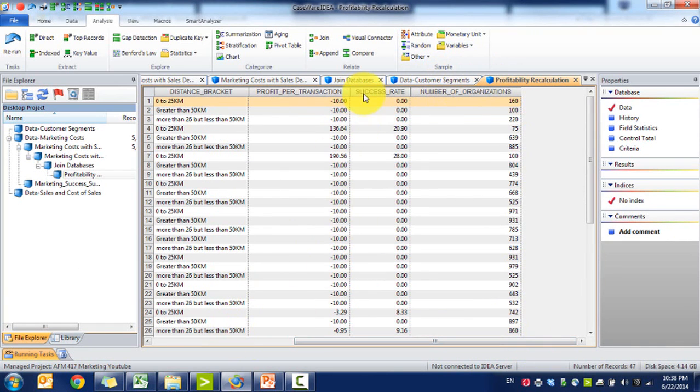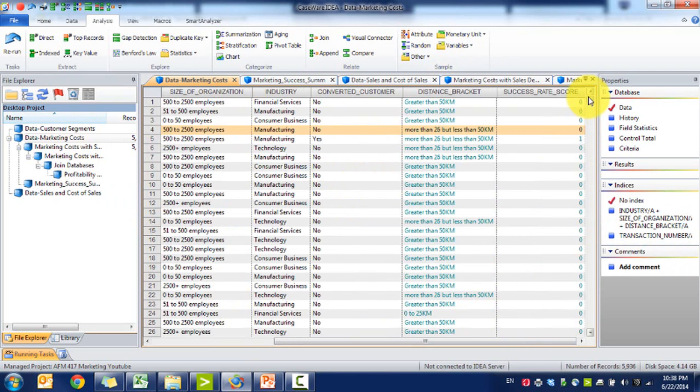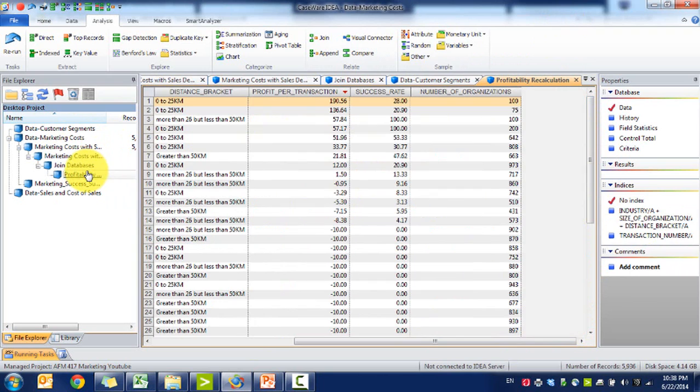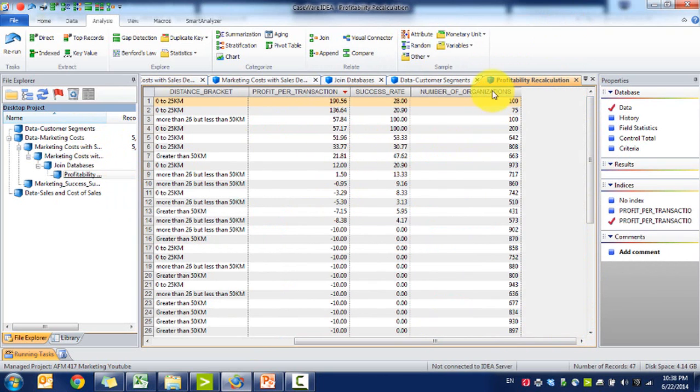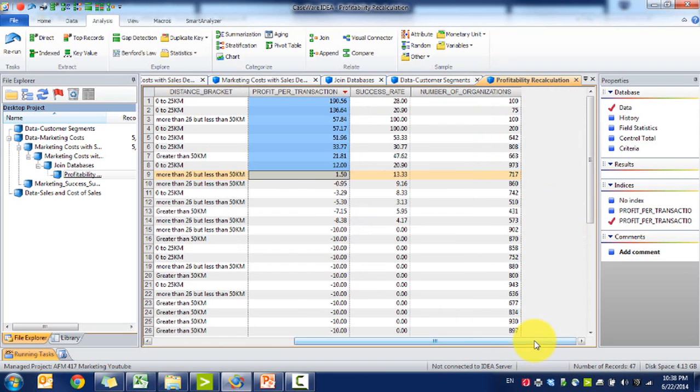So now, we know that there were originally 5,912 transactions. So essentially we want to do a recalculation of these given their market size.